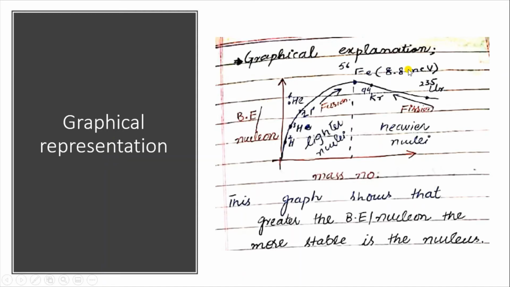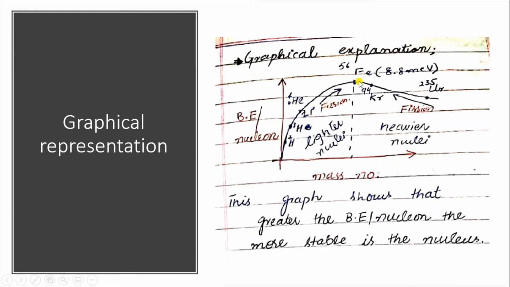This graph shows that the greater the binding energy per nucleon, the more stable is the nucleus. The graph shows that iron has the most binding energy per nucleon, so its nucleus is more stable in a strong way.